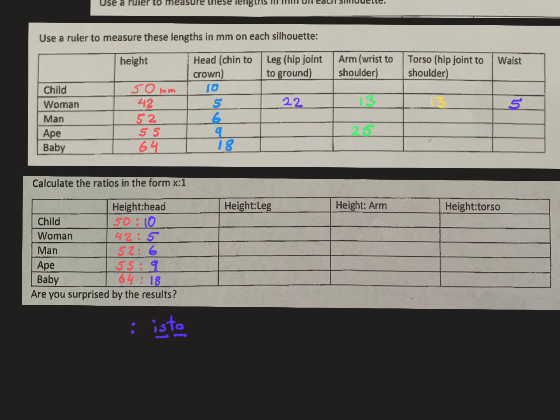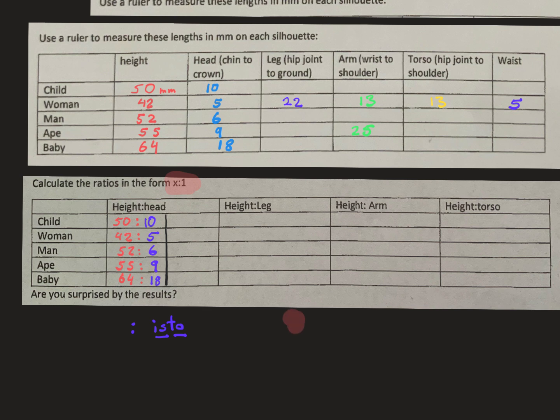So I'm going to now just draw a vertical line, because what we want over here is to write this in the form of x is to 1. So what we want to do is to write it in the form of something which is proportioned to 1. So 50 to 10. Okay, so let me just show you how you'd work that out.